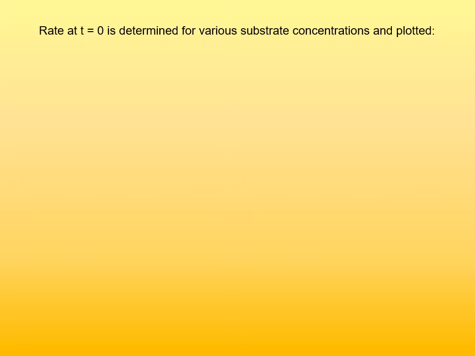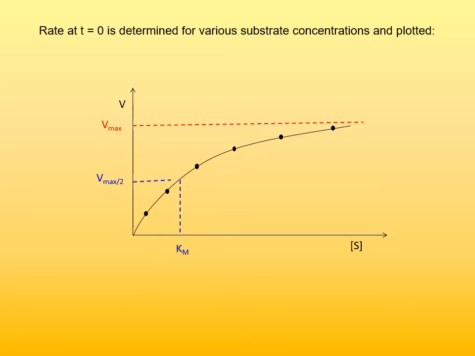So what we can do is plot the initial rate at time 0 for various substrate concentrations. We plot substrate concentration on the x-axis and reaction rate, V, on the y-axis. We can determine a maximum reaction rate, Vmax, although it's approached asymptotically, as you can see, with increase in concentration, so we cannot make an exactly accurate determination.